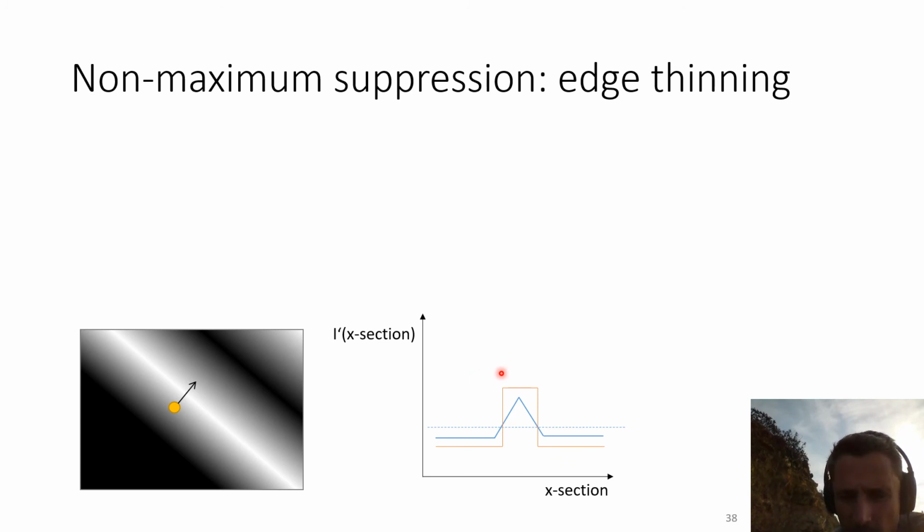And remember our first 2 requirements. We want no false positives, and we want it to be accurately localized. Okay, so how do we do that? Look at this image location here, the yellow circle. The way we want to thin out that edge is by looking along the image gradient direction, and to remove non-maximum pixels or non-maximum edges.